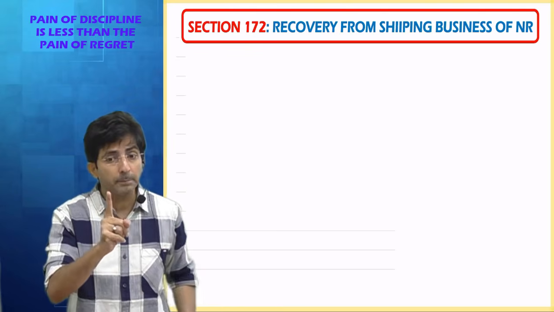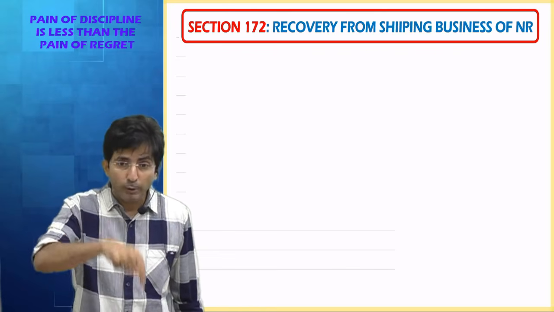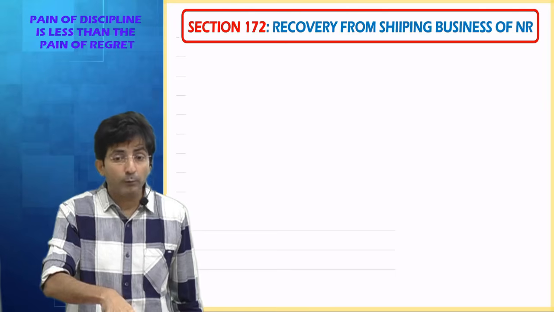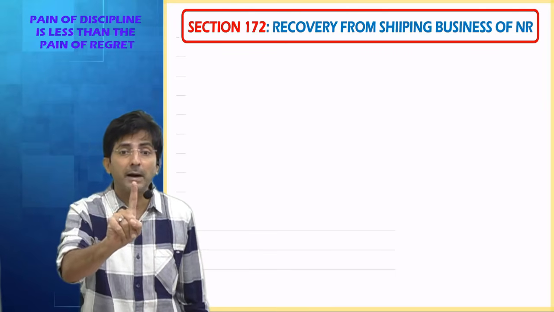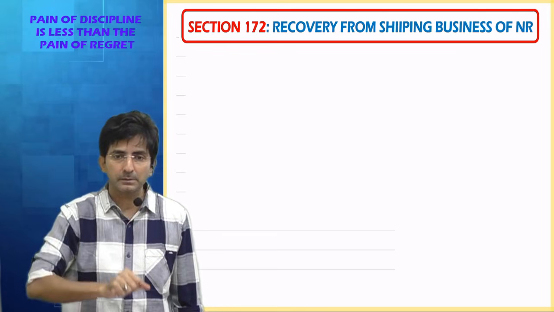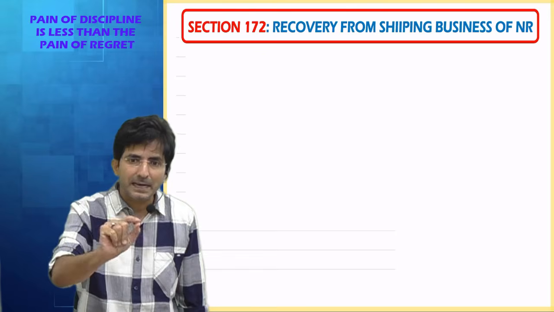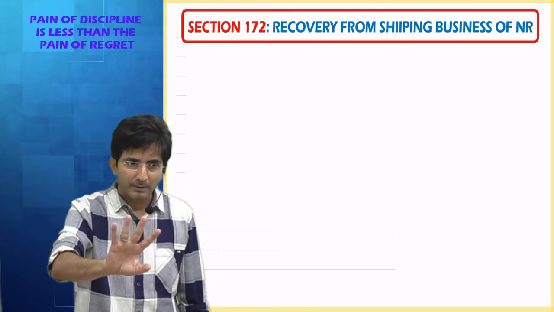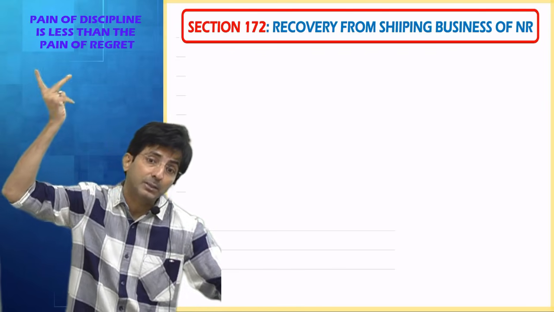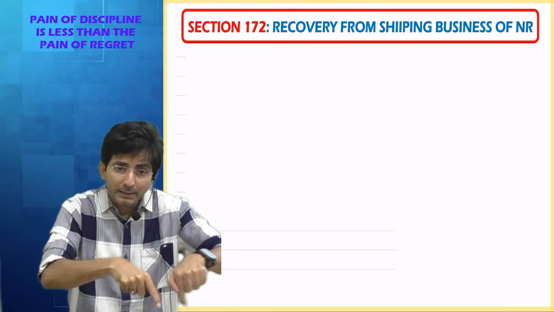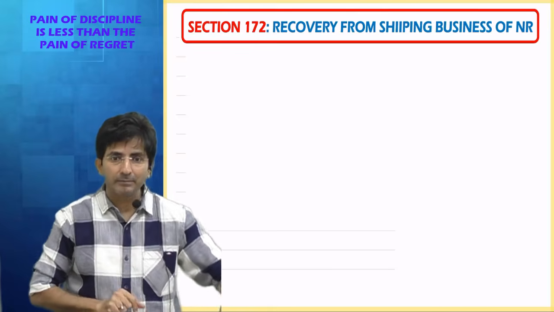Once a ship has come into Indian waters, and if it wants to depart, you cannot depart without paying the taxes. And this tax is kind of an advance tax. When they actually file the return after the year is over, in the assessment year, whatever they paid right now will be adjusted.